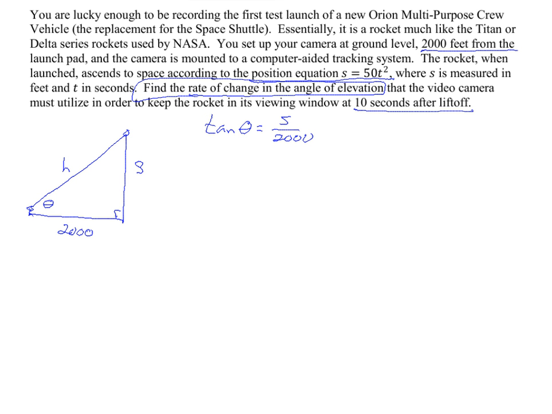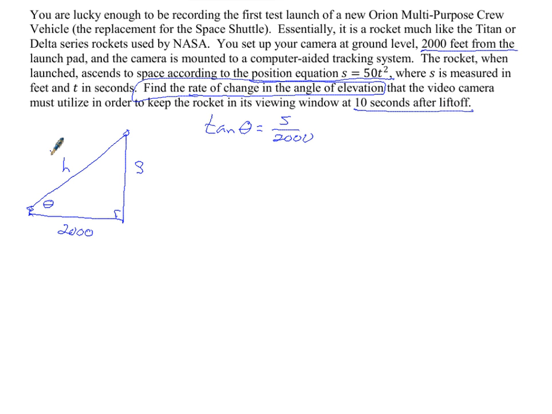All right, so just in case we need it, let's come up with some sort of expression for h and s. So that is using the Pythagorean theorem. Well, the Pythagorean theorem says the hypotenuse squared is equal to the sum of the two sides squared, right?